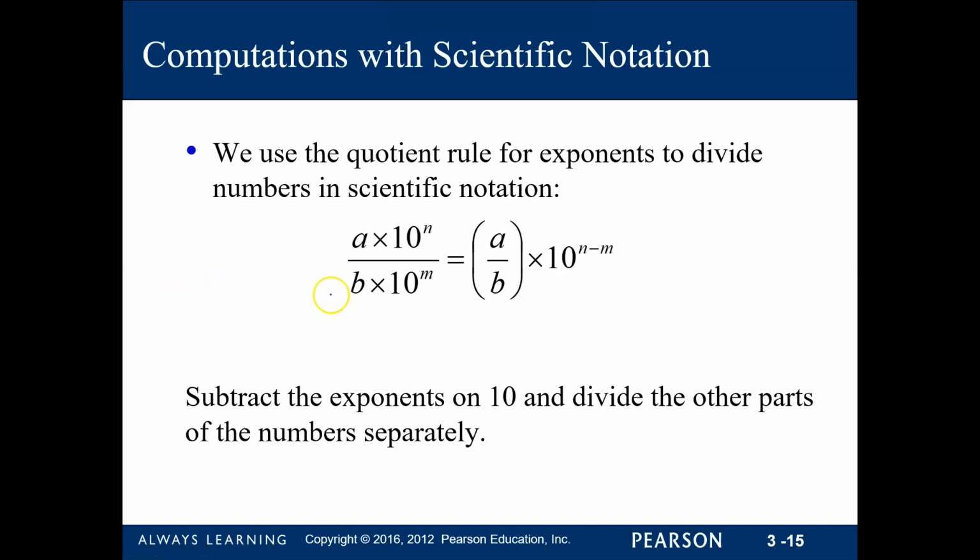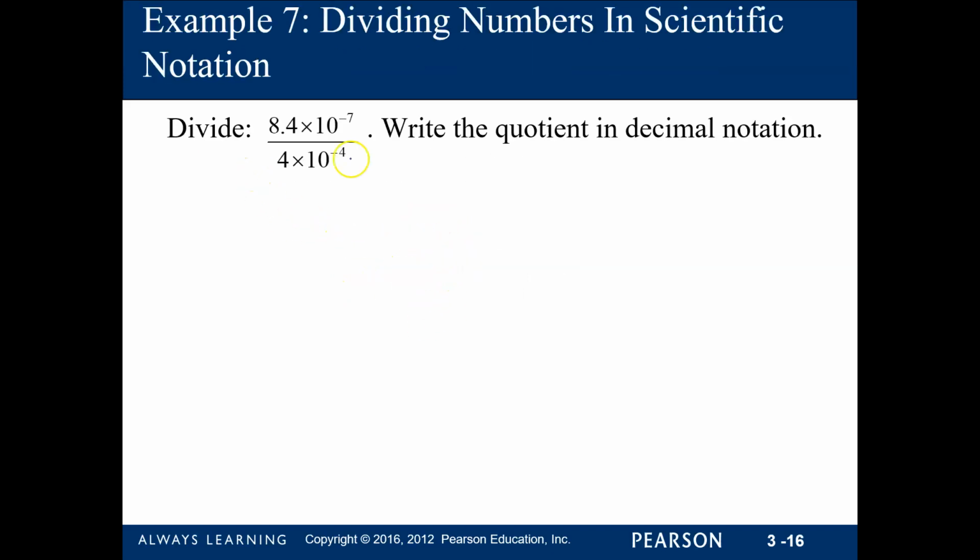Again, if we are having division, we just work on the number part, and then we subtract our exponents. So in this case, we will have 8.4 times 10 to the negative 7 divided by 4 times 10 to the negative 4. We know that 8.4 divided by 4 is equal to 2.1.